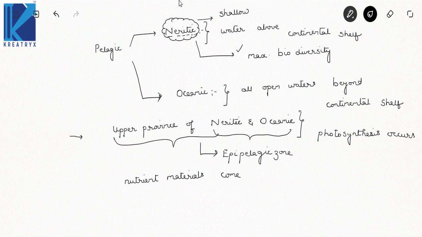In the neritic zone, nutrient materials come from riverine runoff, right? So that's why neritic province has maximum diversity, because you have more nutrient materials coming from riverine runoff.